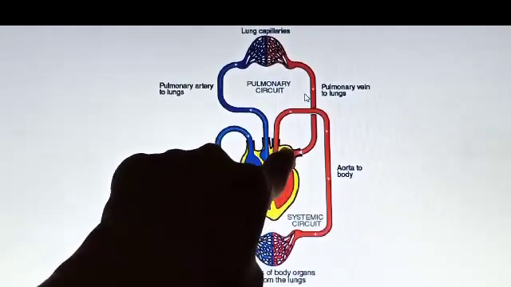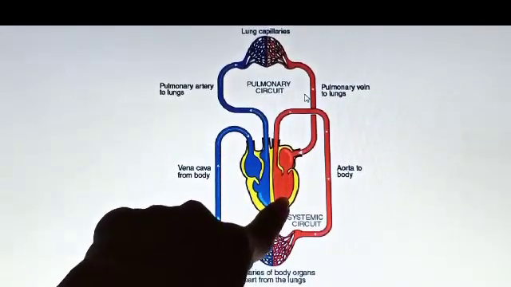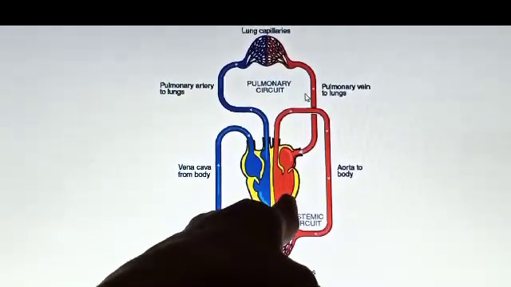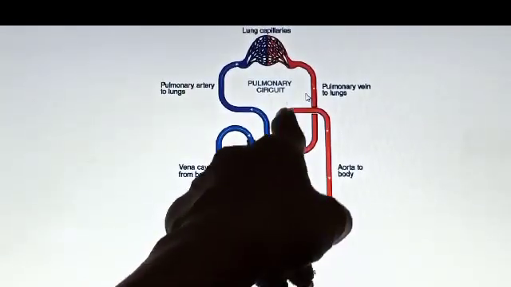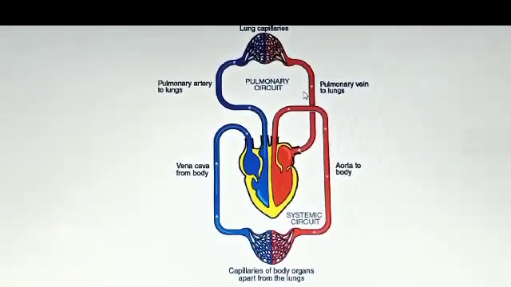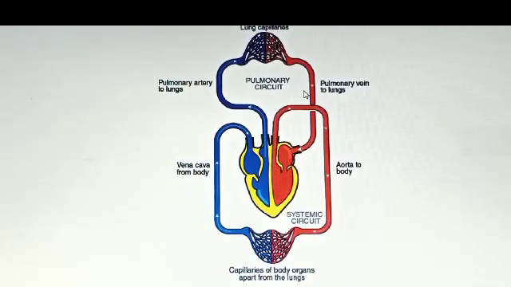This left atrium then passes this oxygenated blood to the left ventricle. Here the left ventricle opens into the aorta and the aorta carries the oxygenated blood to all parts of the body. So, this process is known as double circulation because in one cycle blood is circulated 2 times.